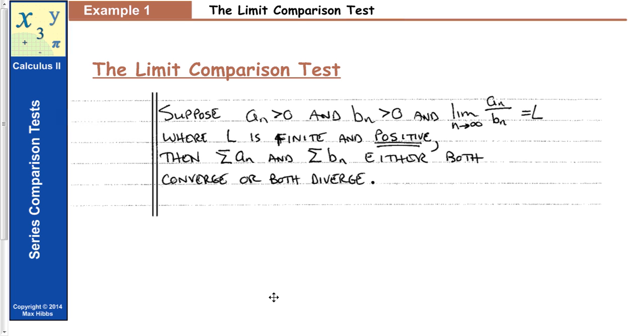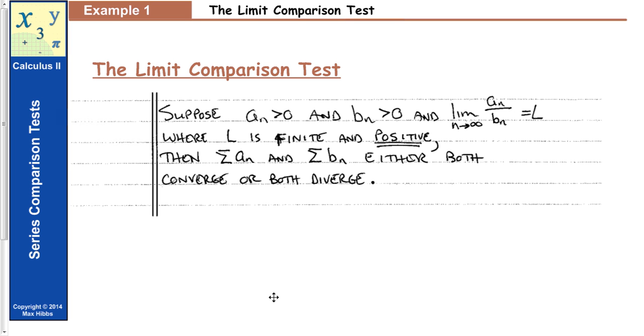And if we look at the limit of the corresponding terms of the two series, that is the a sub n's divided by the b sub n's as n goes to infinity, and that limit is equal to L, where L is a number that is finite. That means it's not infinity. And that limit is positive, not zero. In other words, the limit is a positive number. It's not zero and it's not infinity.